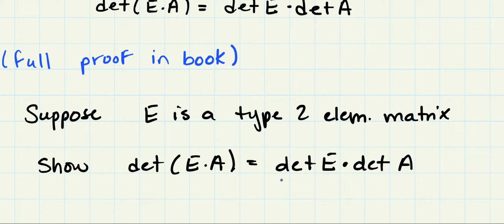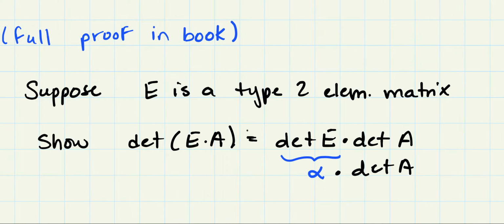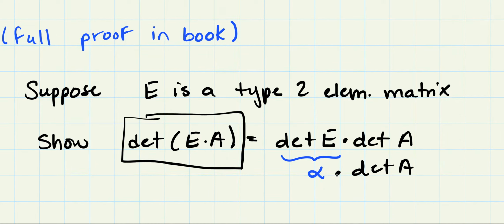So we can say that this determinant is equal to alpha, and we get alpha times the determinant of A. So what we need to show is that this left-hand side is equal to alpha times the determinant of A.